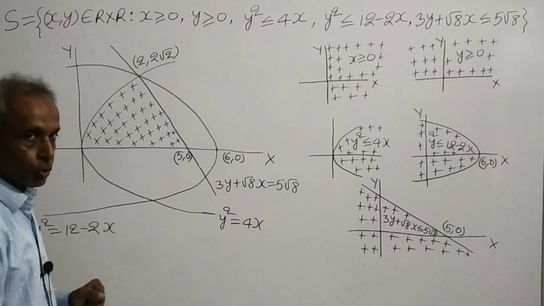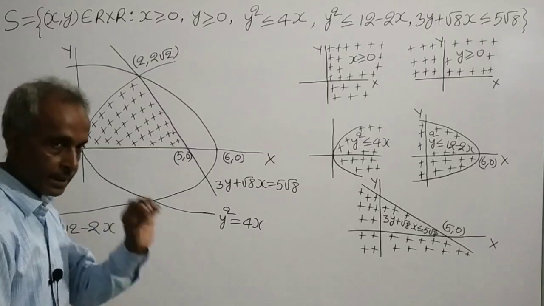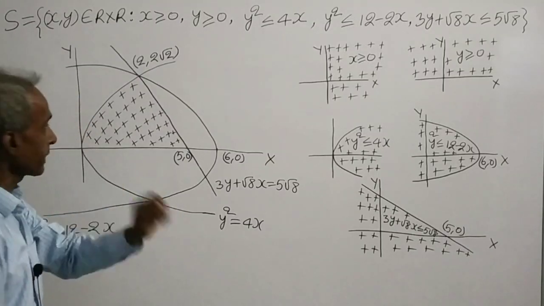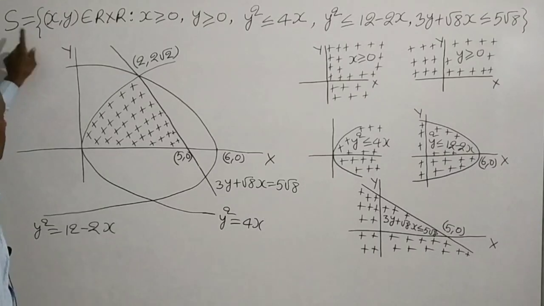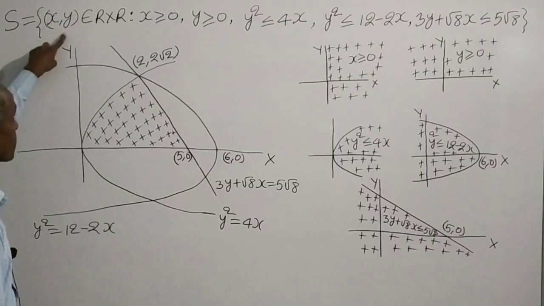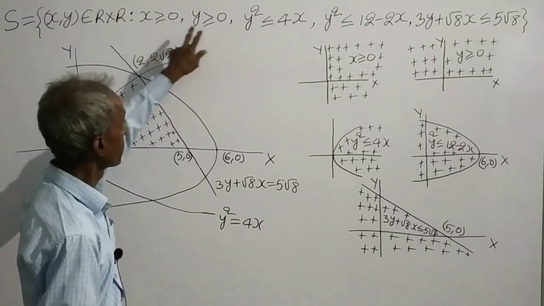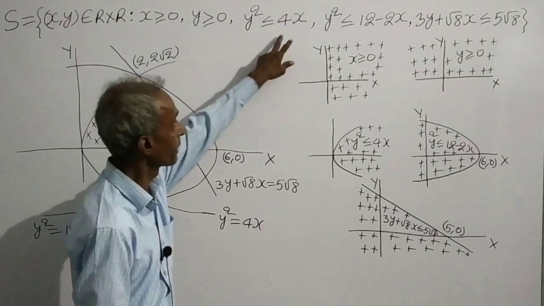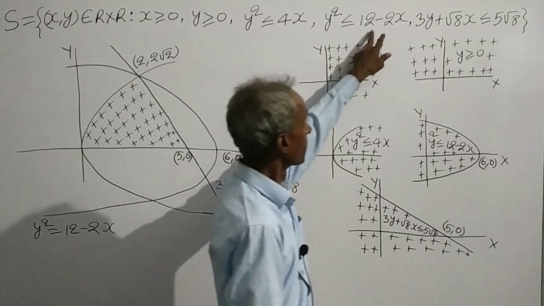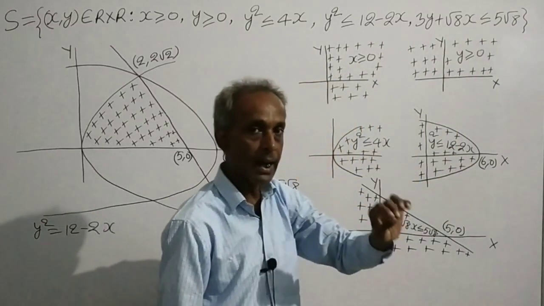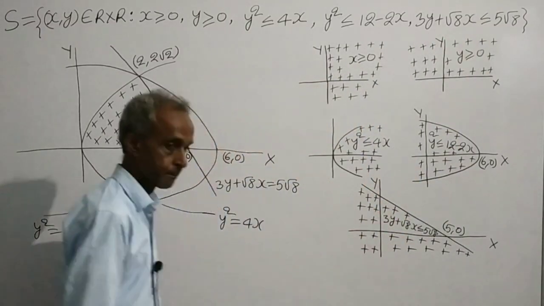We wanted to find the area of region S, where S is the set of all points (x, y) such that this condition, this condition, this condition, this condition and this condition are satisfied.